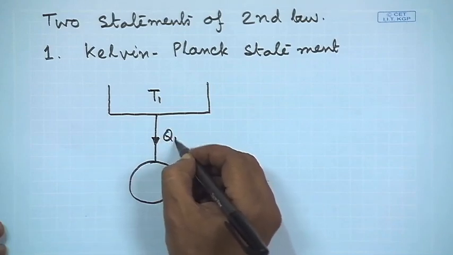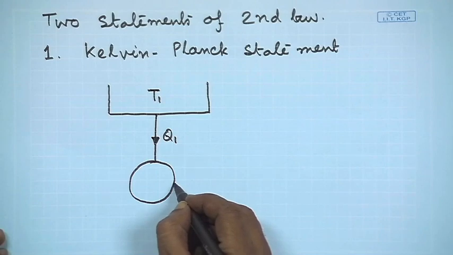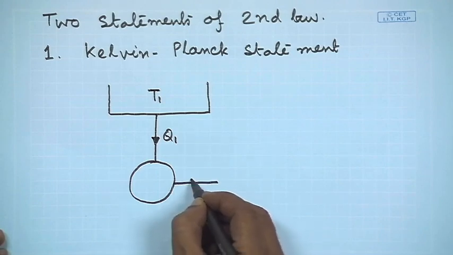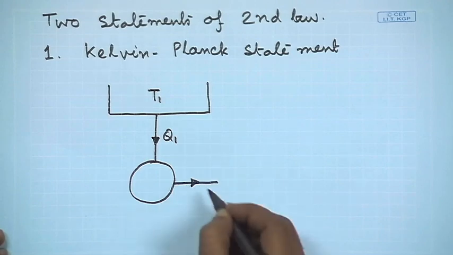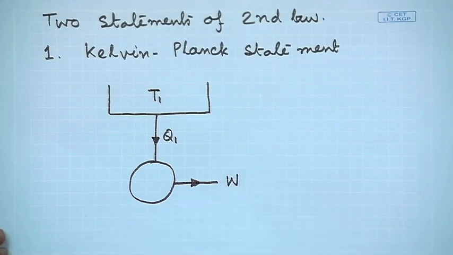So, this device which is operating in a cycle, it is taking some Q1 amount of heat from the reservoir, and let us say we try to convert this into mechanical energy or work. So, we are producing W amount of work.